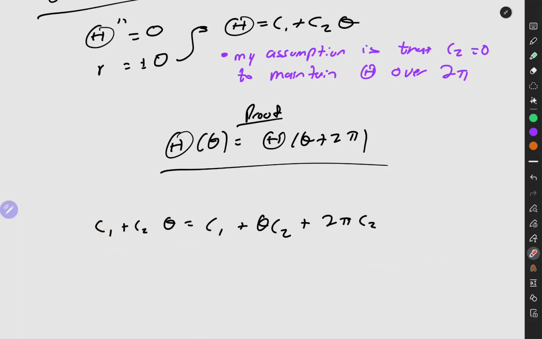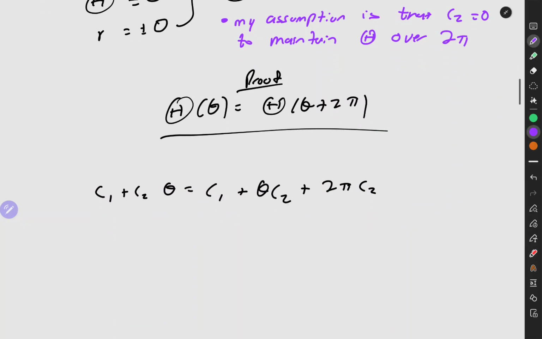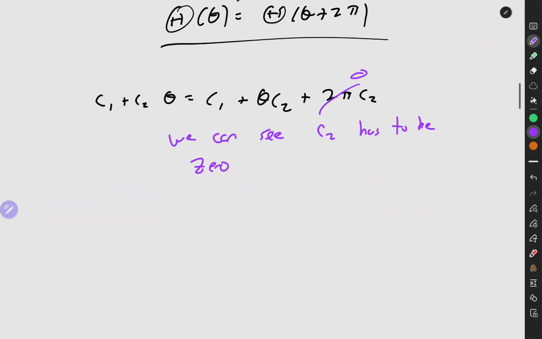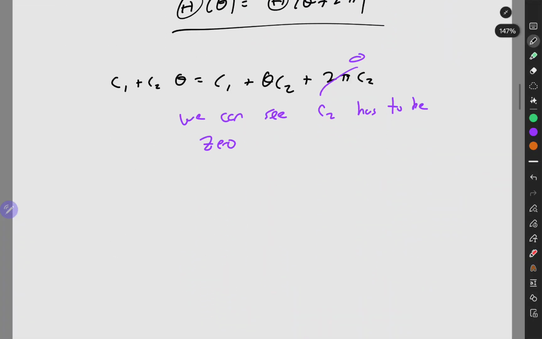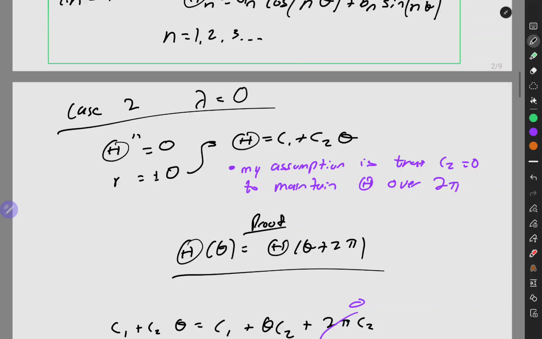Well, the only thing that's off is this term right here. So as we can see, it has to be 0 for this, right? So then our lambda n is 0 for this case.